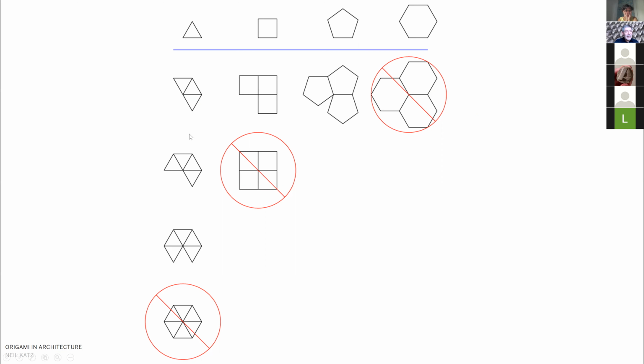It cannot become 3-dimensional. Similar for squares, we can have 3 squares around a point and they become the corner of a cube, but 4 squares doesn't work, it's flat. And we can also have 3 pentagons around a point and there's a slight gap that allows us to fold it to create a 3-dimensional form. And hexagons don't work either. So these 5 nets allow us to create the 5 platonic solids.